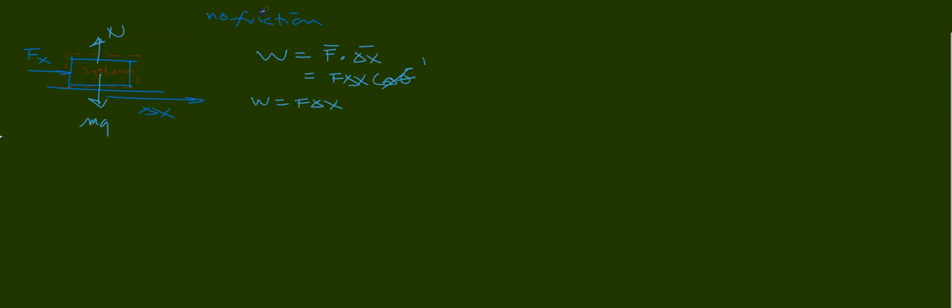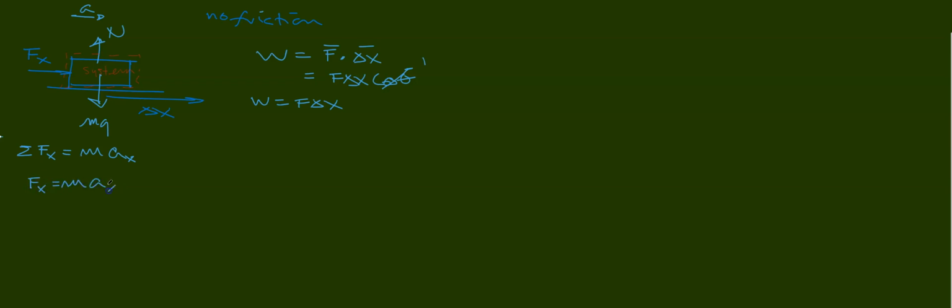Because there is no friction and no other force in the x-axis, we know there must be an acceleration here. If we were to use the old equations of dynamics, we would say that because of this force there will be an acceleration, and the net force is simply Fx.